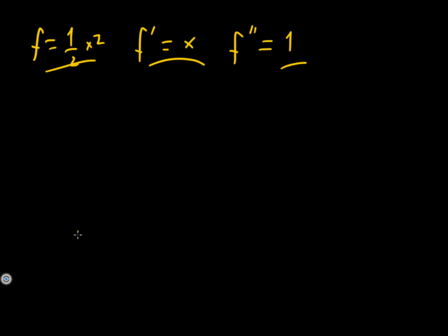So let's look at this so-called stochastic differential equation. Now assume we have a function which generally we take as, of course, 1 over 2 x squared, because when you take the derivative it'll just simply give us x, and when you take the second derivative it will give 1.